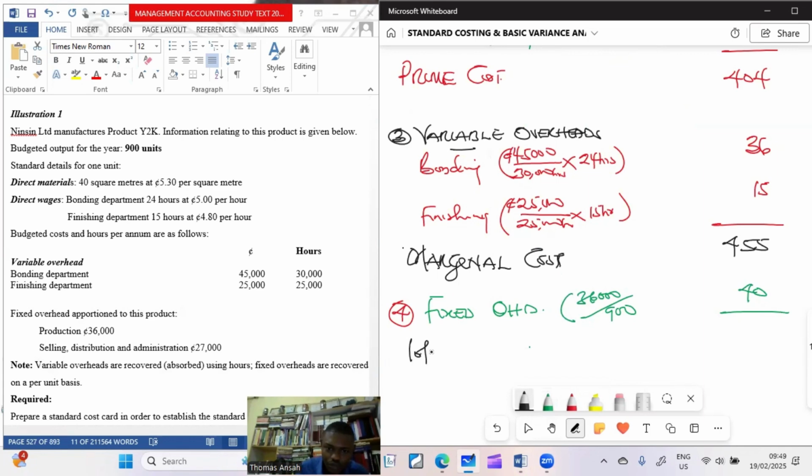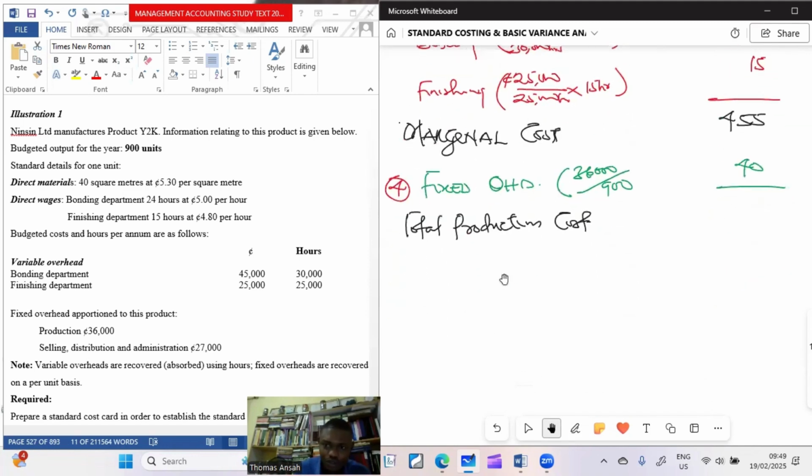All right. So total production cost per absorption. So that is that. You get it? Right. So now that is it. So per absorption, this is 495. That is the total production. Then you add the non-production.